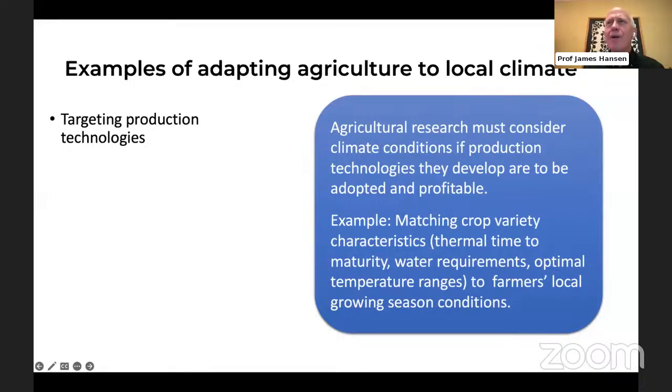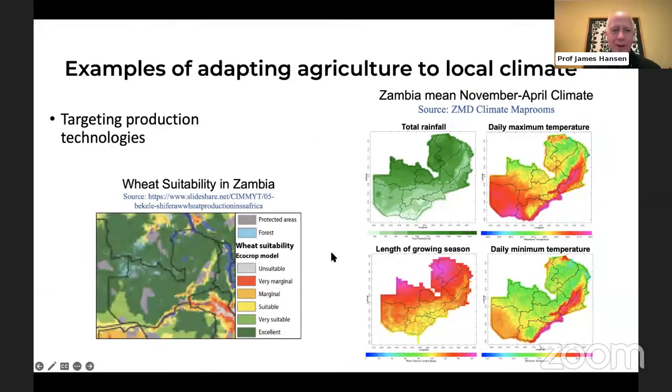And I was not able to find actual maps of that, but just to illustrate what this might look like, there are some analyses that I've found in the literature of the suitability of particular crops to local conditions. This is a screenshot of an Africa-wide map zoomed into Zambia, but also showing how we might compare maps of crop performance or crop suitability or recommended zones for varieties to maps that summarize climate conditions.